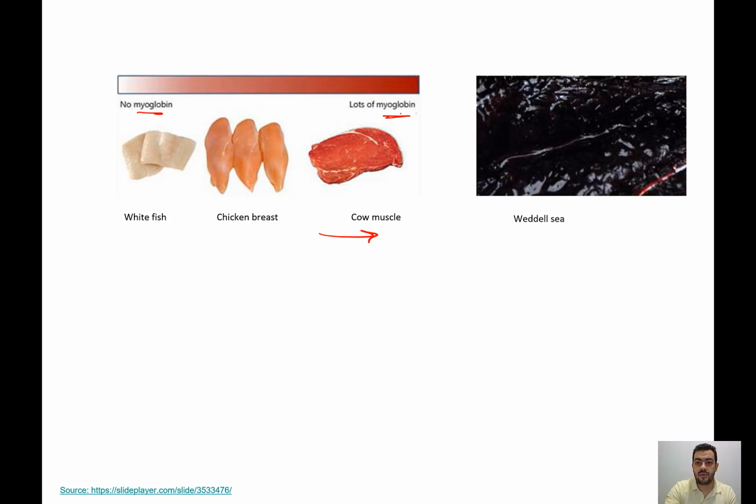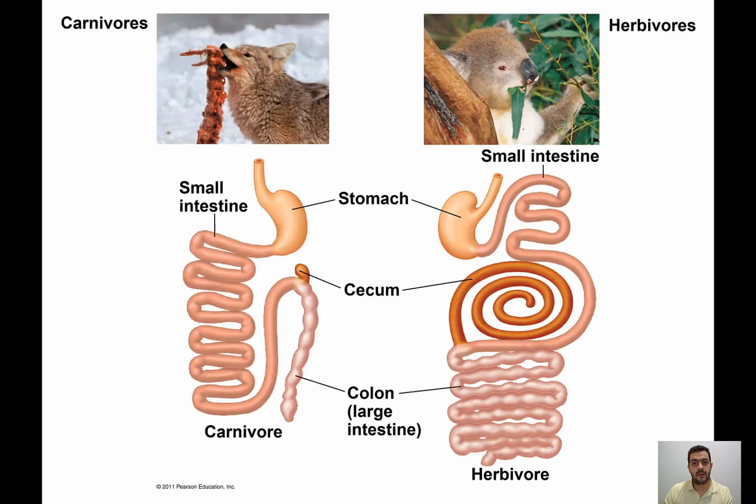So we can see the Weddell seal muscle is very dark, so it has a higher percentage of myoglobin. All these adaptations help the Weddell seal to dive deep in the water, with the high amount of oxygen in their blood and the high content of myoglobin in their muscles.